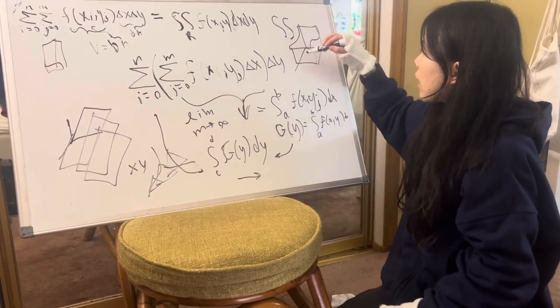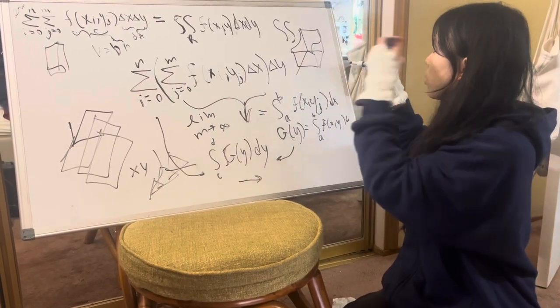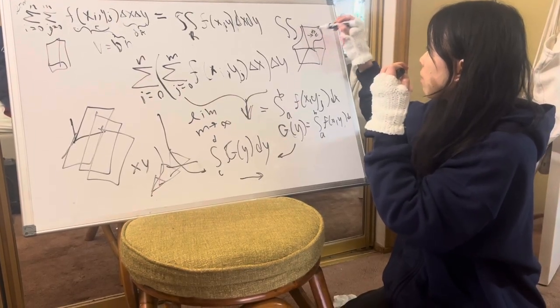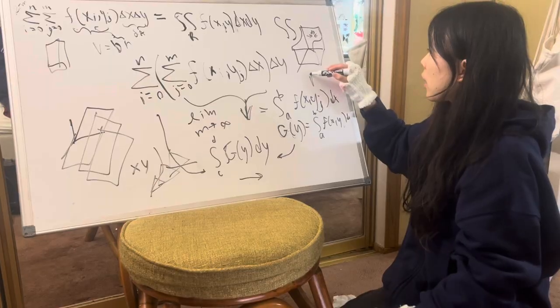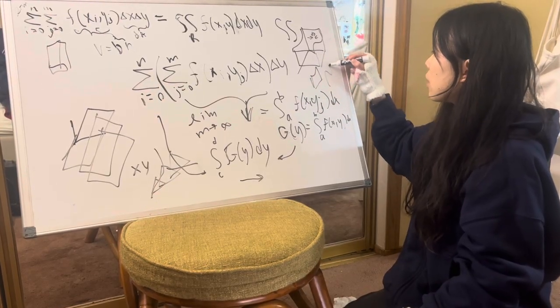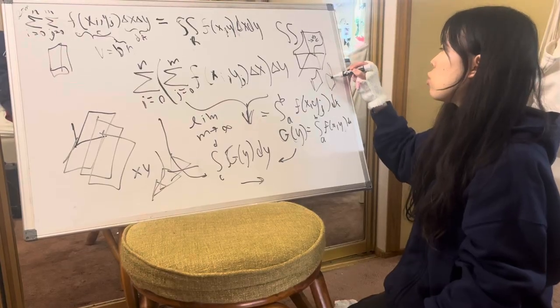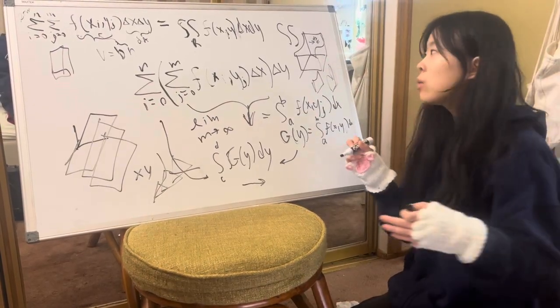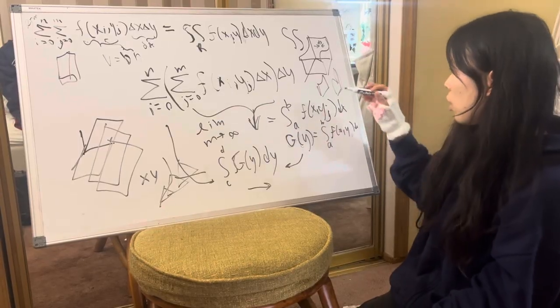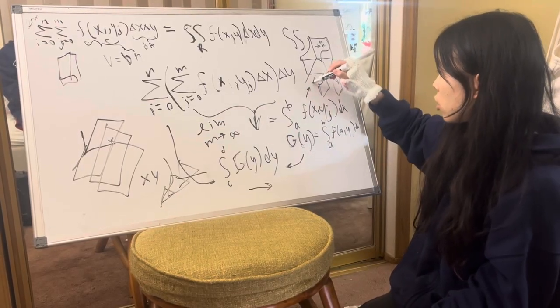So if I slice this with dy, I will get a shape that looks like this, and then over here, I will get a shape that looks like this. So you can see that the two shapes are different. And that's why we need the second integral, which goes in the dx direction.